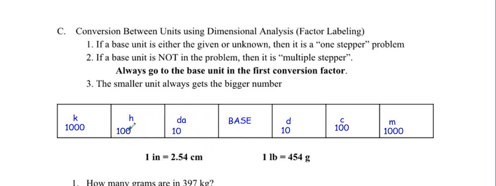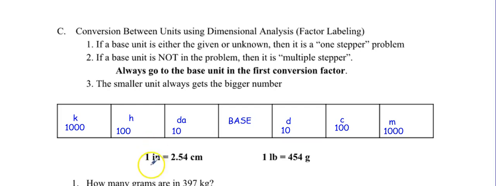There's 100 grams in 1 hectogram. There's 1,000 grams in 1 kilogram. I wrote this down this way to avoid using decimals. I personally would much rather use a whole number than a decimal number. So that's why I did it that way.